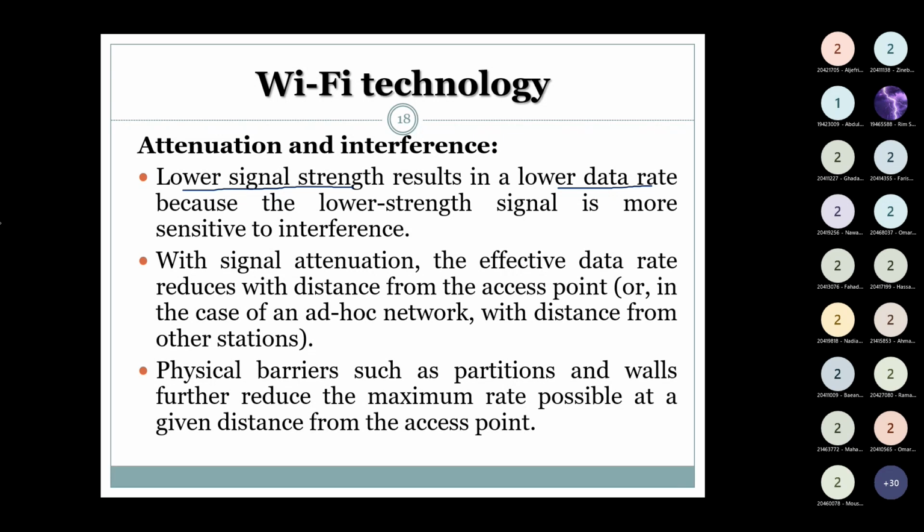So all these barriers and obstacles that you have in your building or in your home will reduce the maximum rate possible at a given distance from the access point.